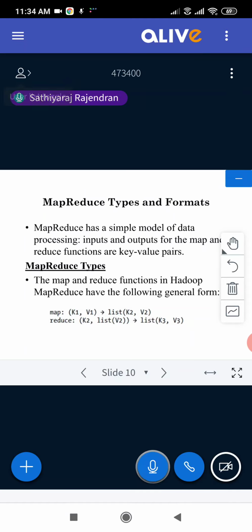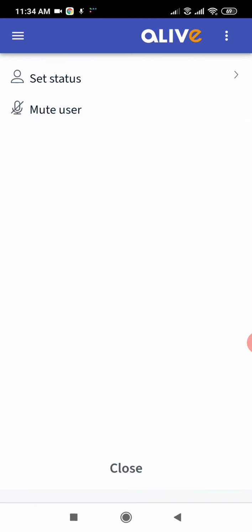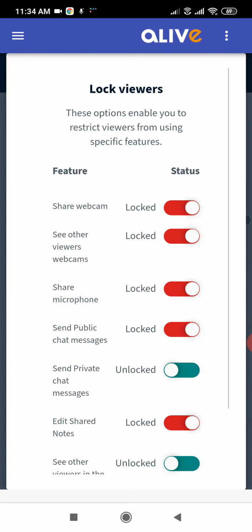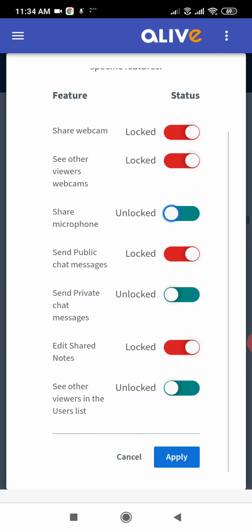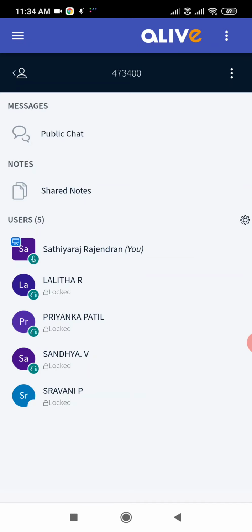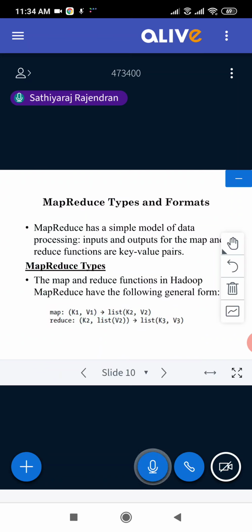Have you done it? Your microphones are unmuted. If you have anything to discuss, let's discuss, or else let us continue with map reduce types and formats.